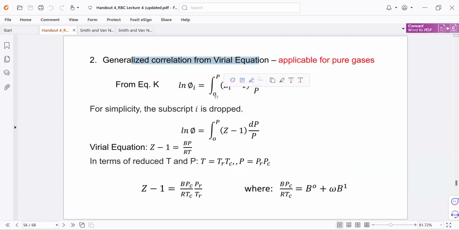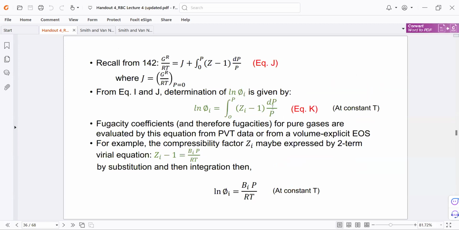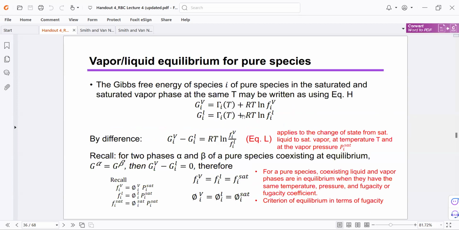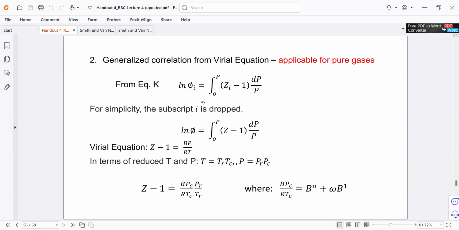So I hope you still remember, I think we derived this before from equation K. Let me just briefly, yep, this one. Okay, so when we first defined fugacity, we derived already equation K. So we can use the generalized correlation from the virial equation because this quantity right here, Z minus 1, for the virial equation, is BP over RT.